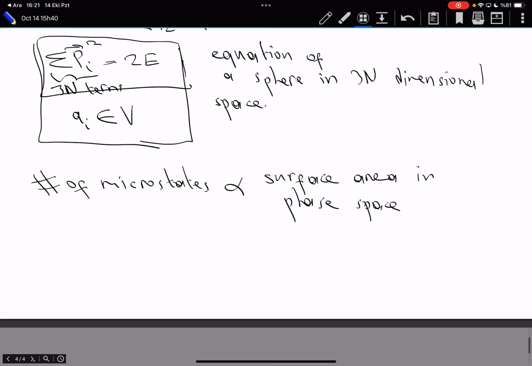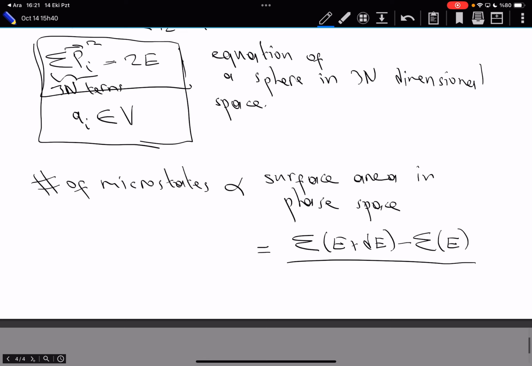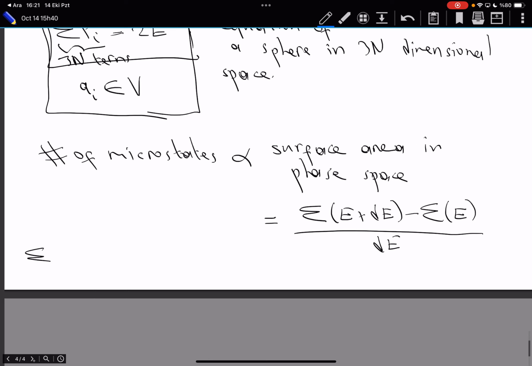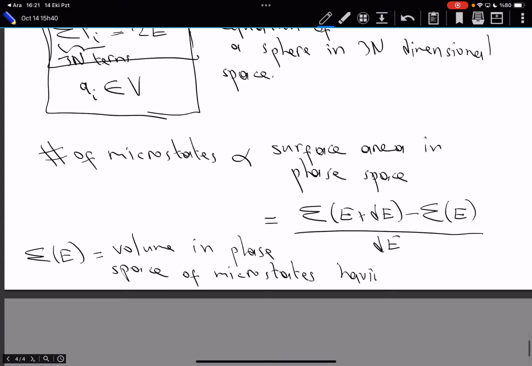Now, rather than calculating the surface area, which will be difficult to calculate, I will say that this is equal to, let me call that, E plus dE, where the sigma of E is the volume in phase space of microstates having energy less than or equal to E. This will be easier to calculate.